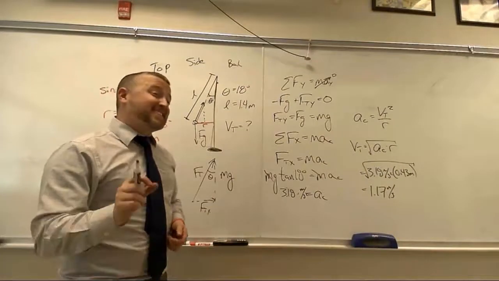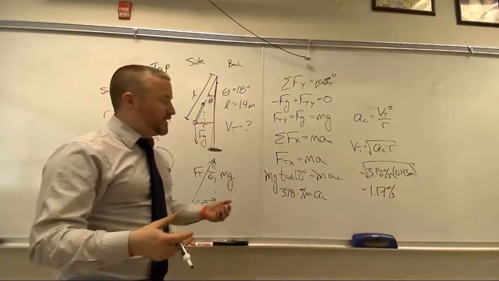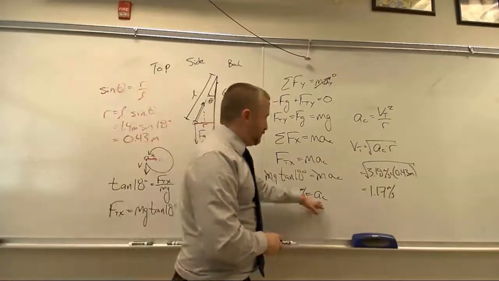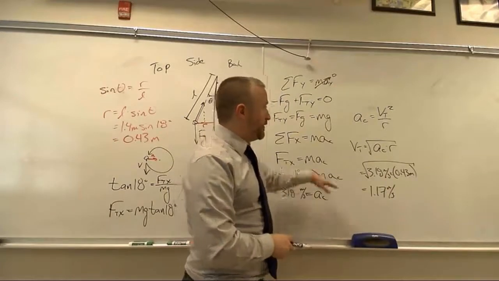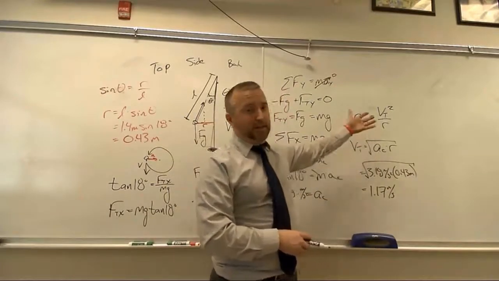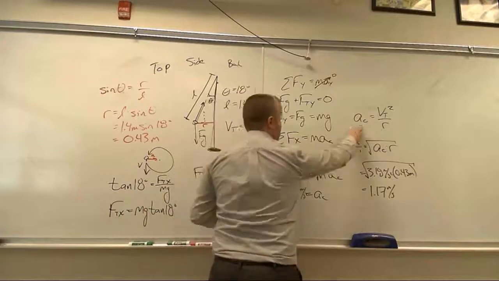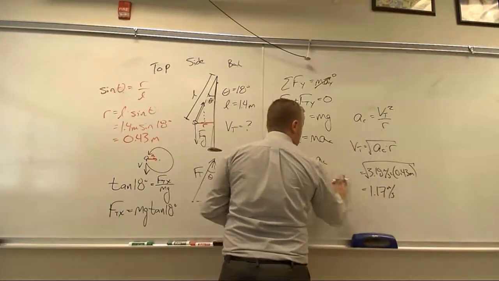You might have done this a slightly different way at the end. I solved for centripetal acceleration here, found the number, and then went over here. The other thing you could very easily do is just substitute this equation in there.